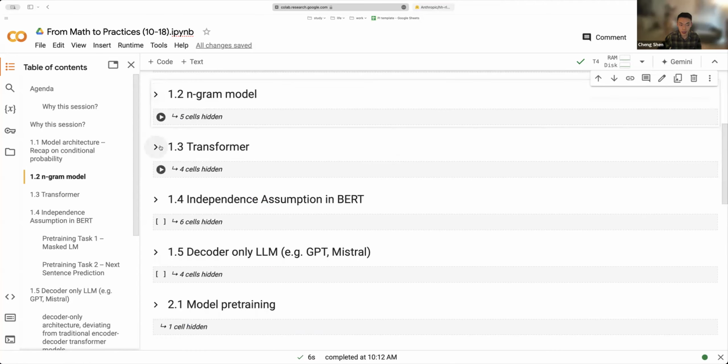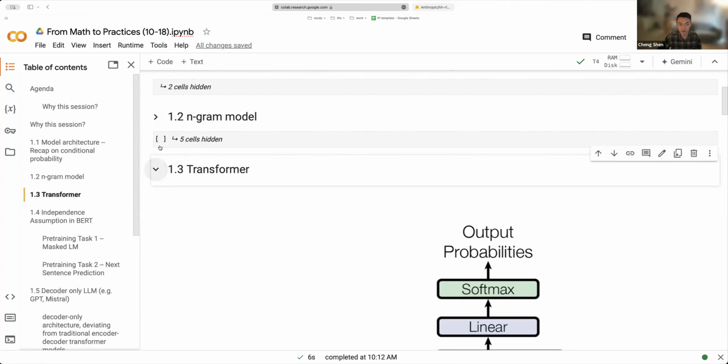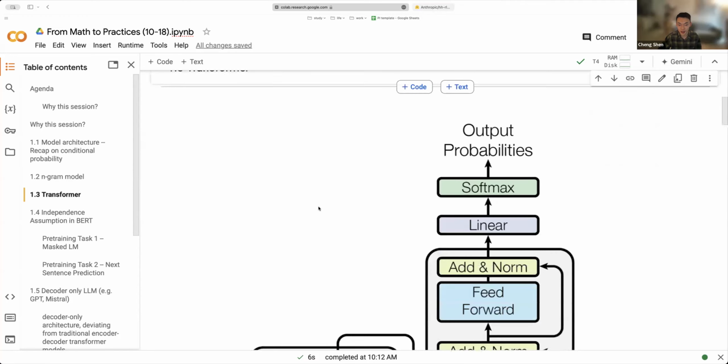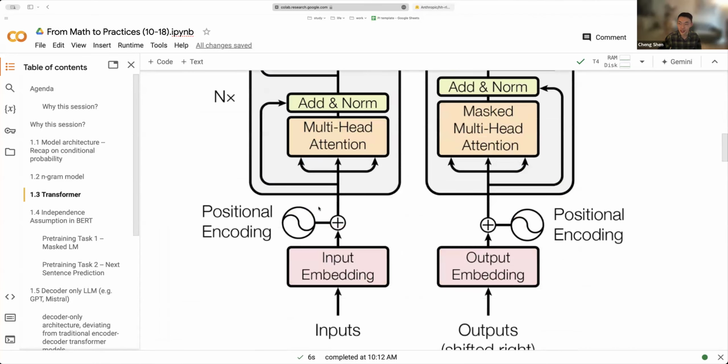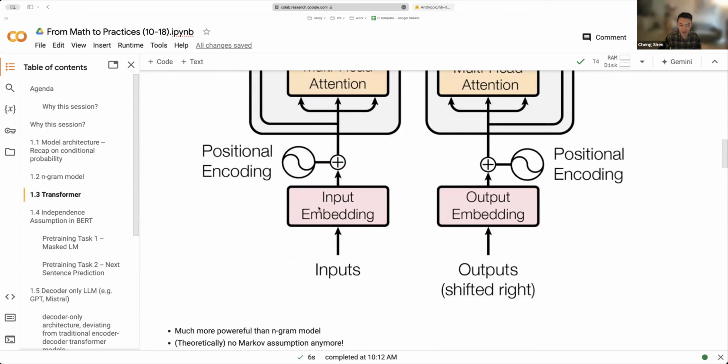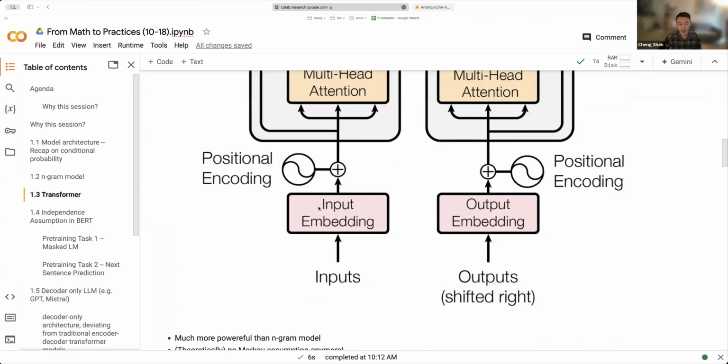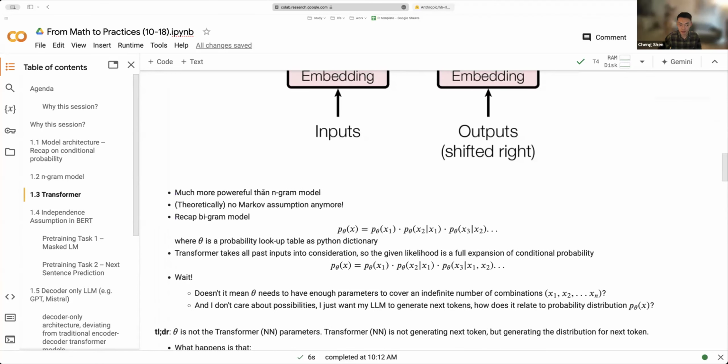And now we get to something modern: the transformer. Well, it's not actually that modern. I believe the transformer paper came out in 2017. But basically it is much more powerful than the n-gram model.